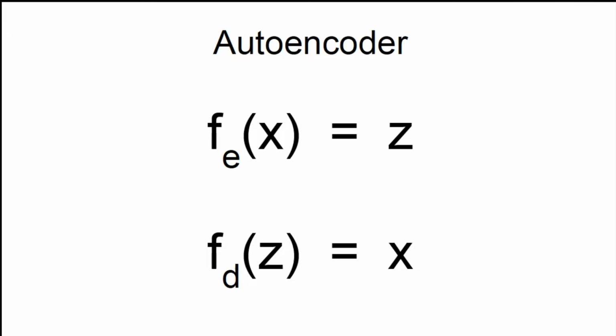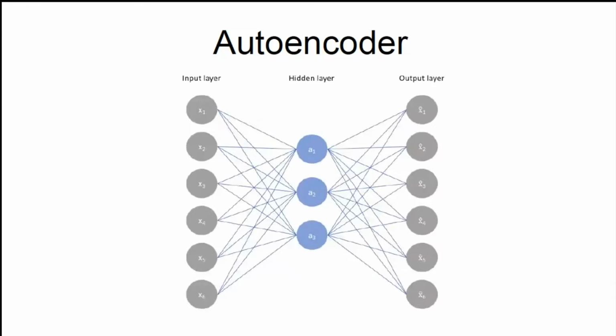Another way of viewing this mathematical model is with a neural network approach, in which you have your input, which are these first gray balls. The lines just represent mathematical operations, and then the blue balls represent the code or the embedding, which is of a lower dimension than the input data. Then again, there are mathematical operations that are the decoding part that just try to replicate the original input as the output.